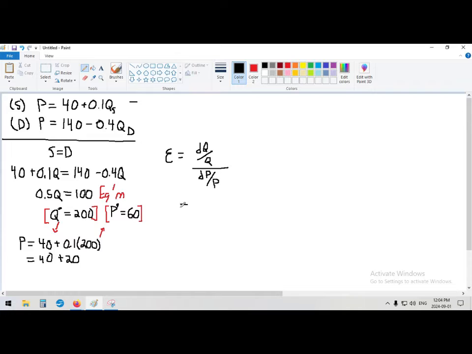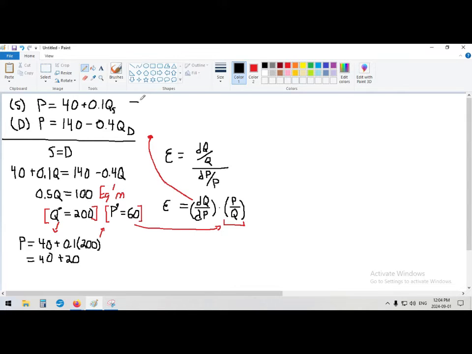Then we flip that up, and we get the standard elasticity equation, which is change in quantity over change in price, and then all of that times the price over the quantity. The great part here is we've done half this work already. Here's our competitive equilibrium, so we can just plug that in. And then for the change in quantity from the change in price, that's what we have to figure out from our supply and demand curves.